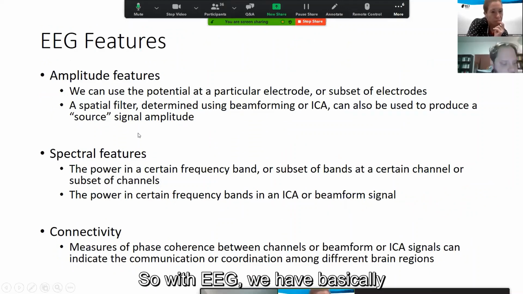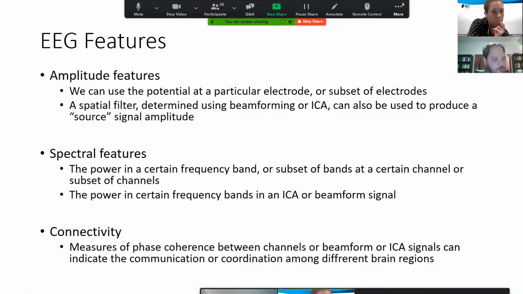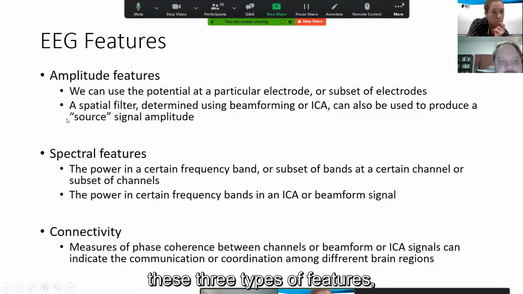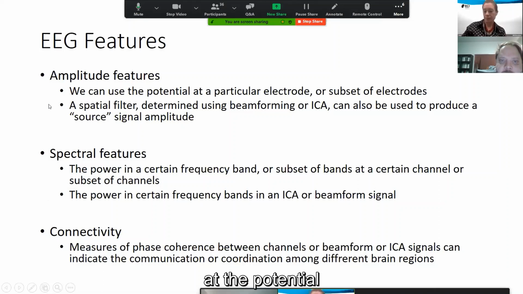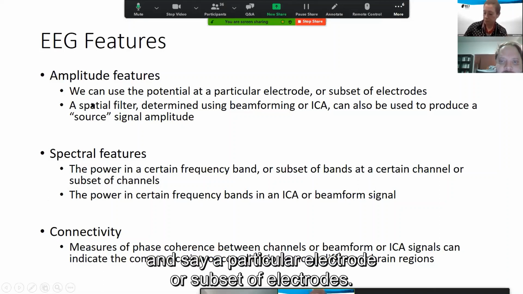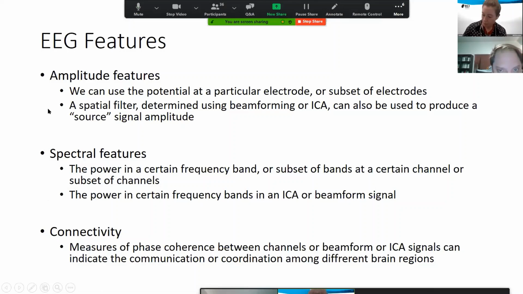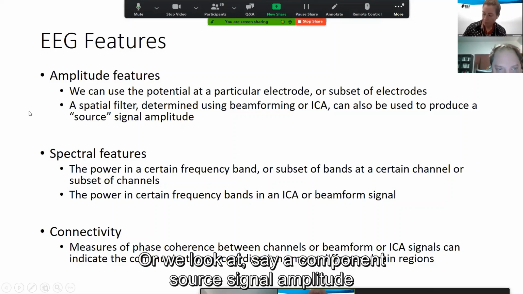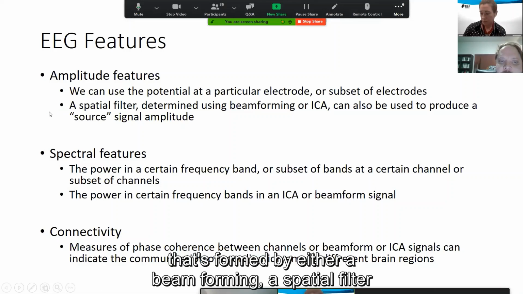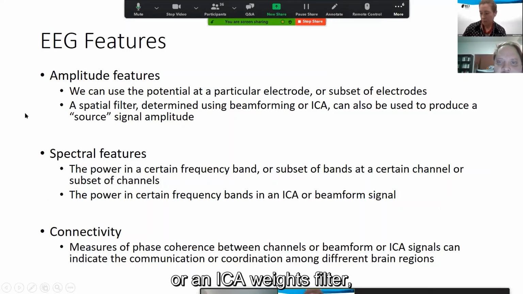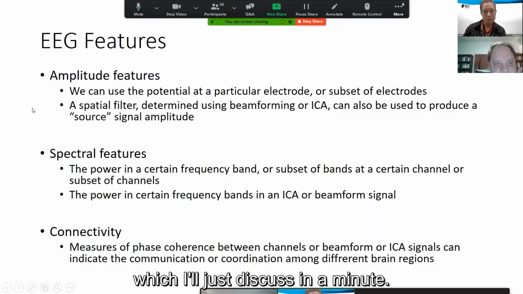So with EEG, we have basically these three types of features. Let's say amplitude features, where we're just looking at the potential at, say, a particular electrode or subset of electrodes. Or we look at a component source signal amplitude that's formed by either a beamforming spatial filter or an ICA weights filter, which I'll discuss in a minute.